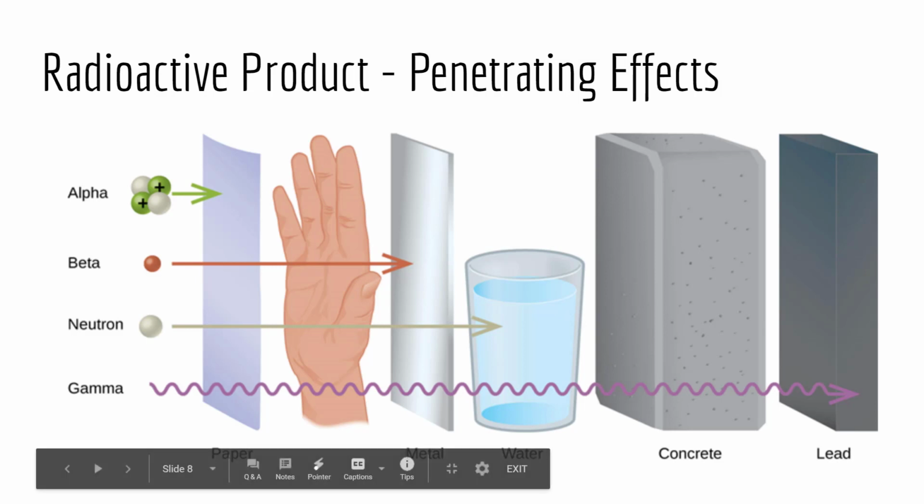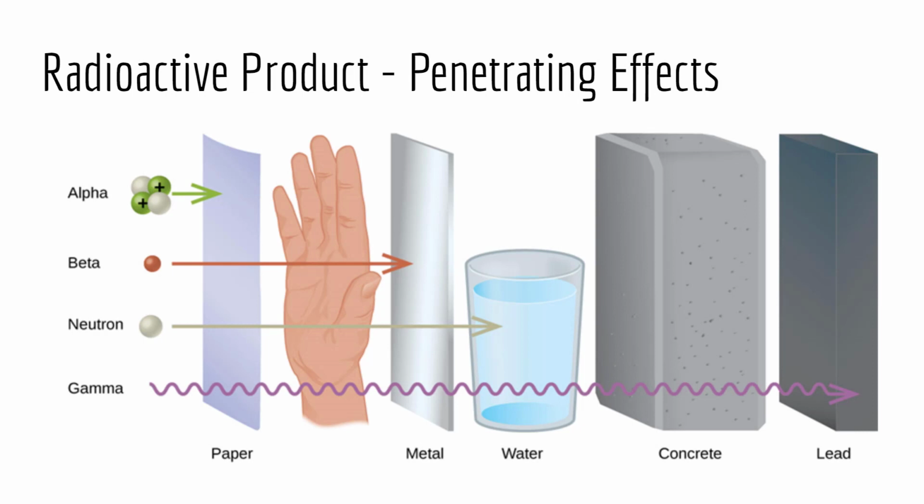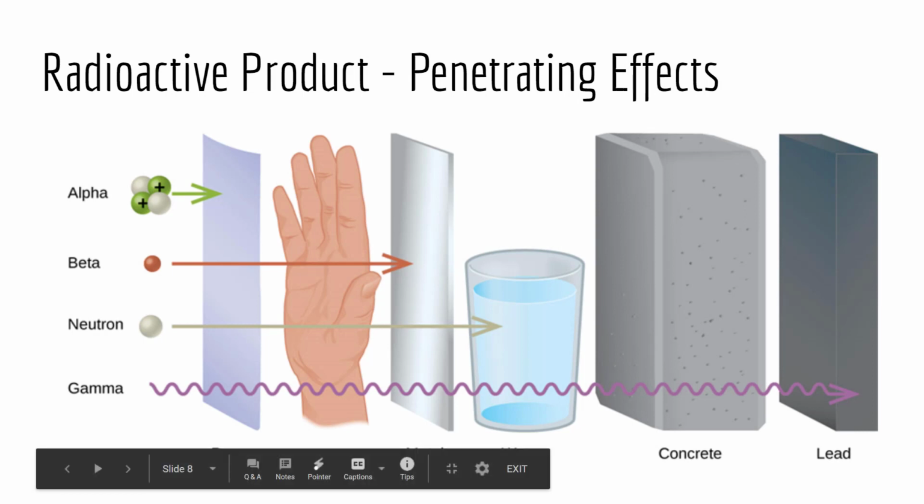Gamma radiation, which is electromagnetic radiation, can go through lots of things. It's got a really high frequency, and so a short wavelength, and so it doesn't interact with much stuff.